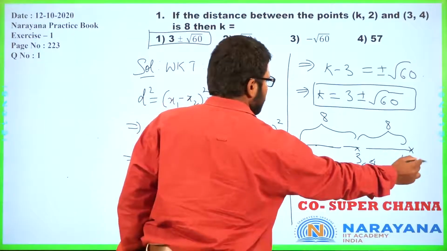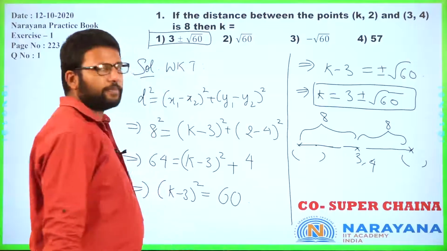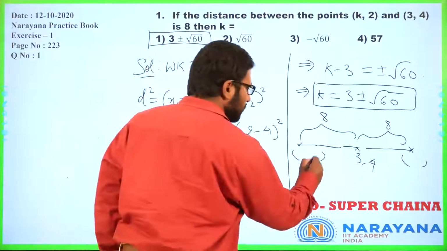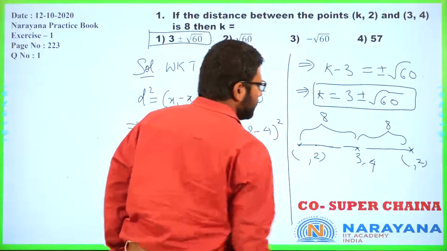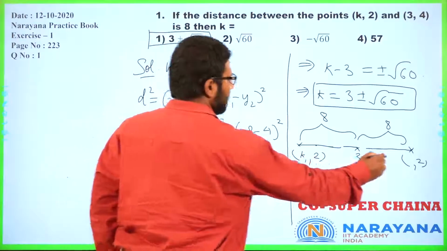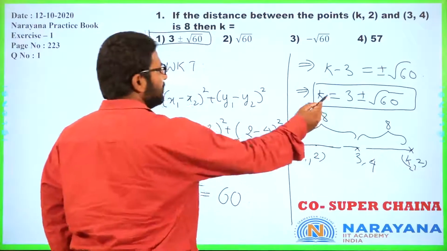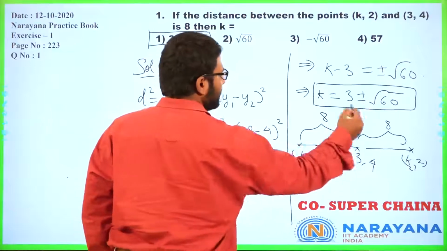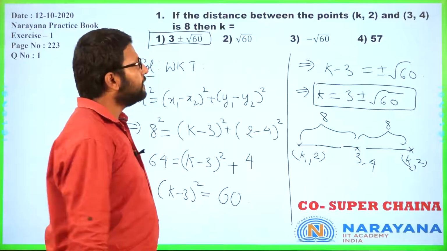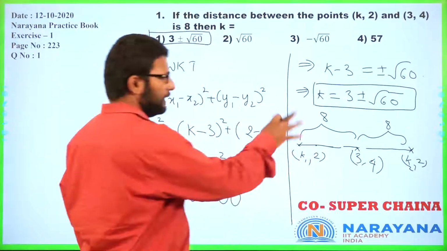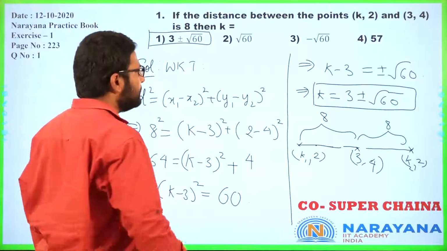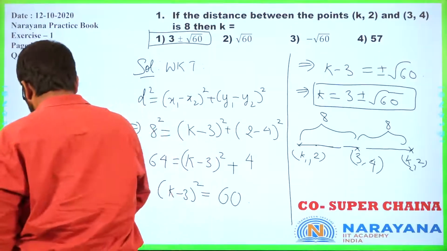So there should be 2 values of k, in which both the y coordinates are 2. So think of this as k1 and k2. k1 would be 3 plus root 60, k2 would be 3 minus root 60. Got it? Just to get an idea. Alright? Okay. Let us proceed then.